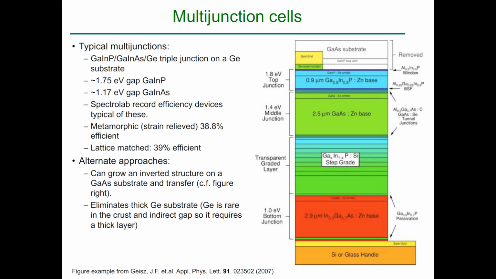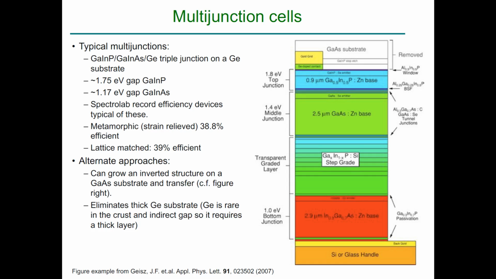So this is typically the structure of a multi-junction, or what we call a tandem solar cell. We have different compound semiconductor materials that typically have good performance.